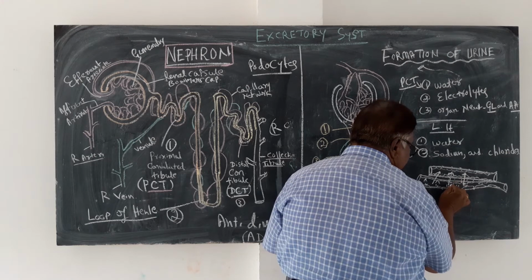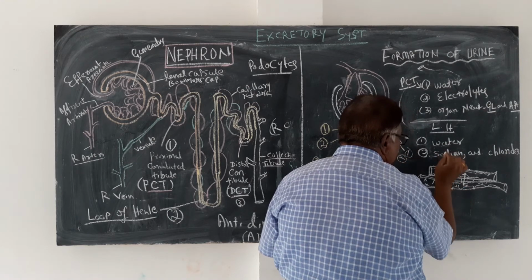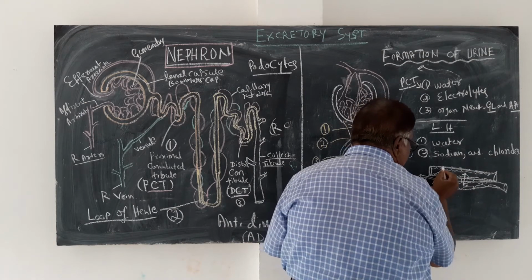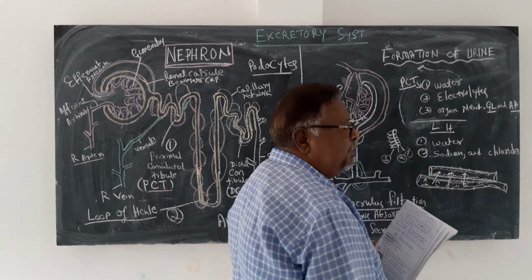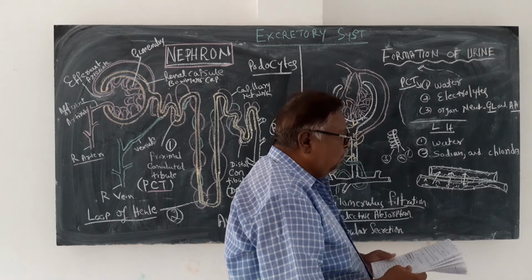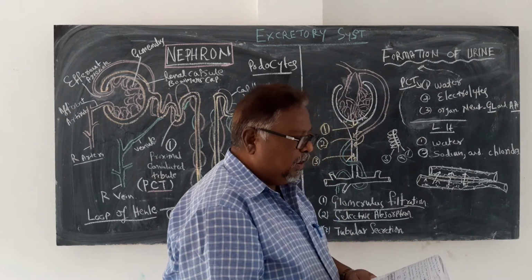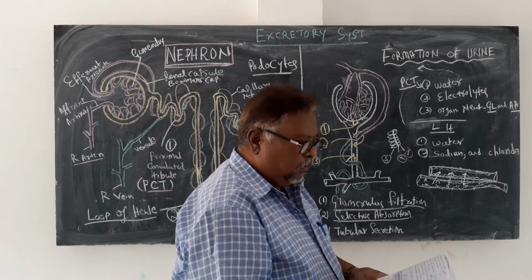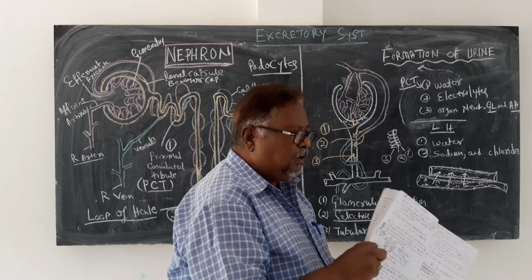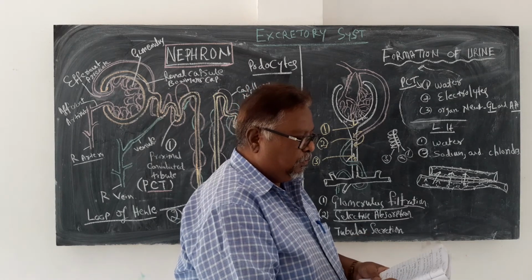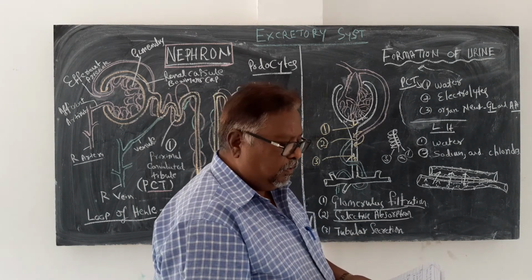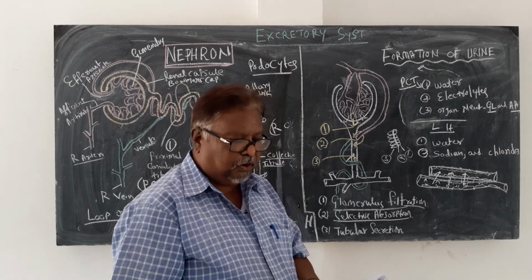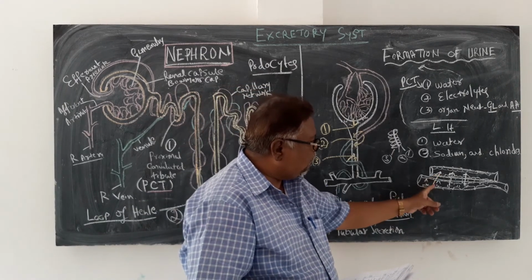From the filtrate, water, sodium and chlorides are all forced inside the bloodstream of the capillaries, and this is called active transportation. Selective reabsorption takes place by active transportation only, between these two walls.